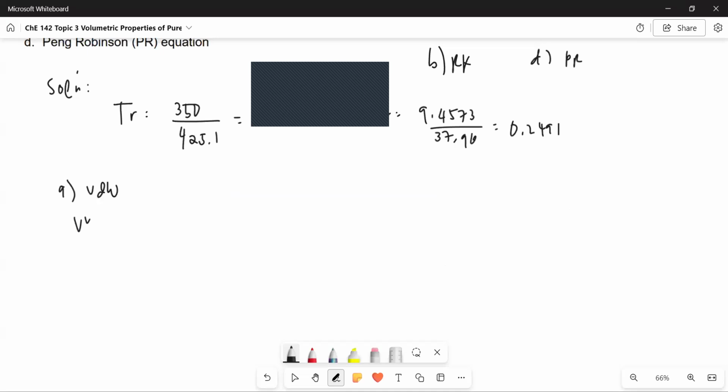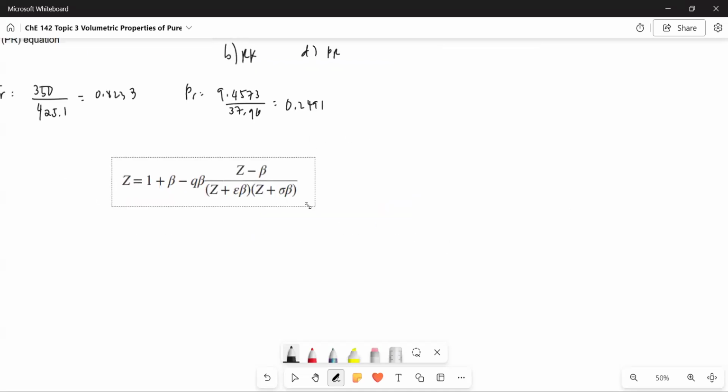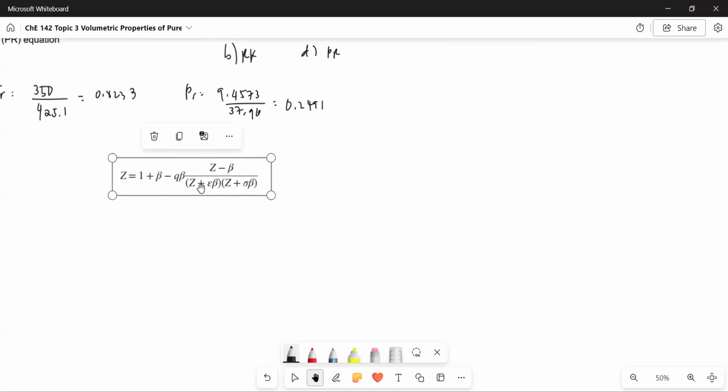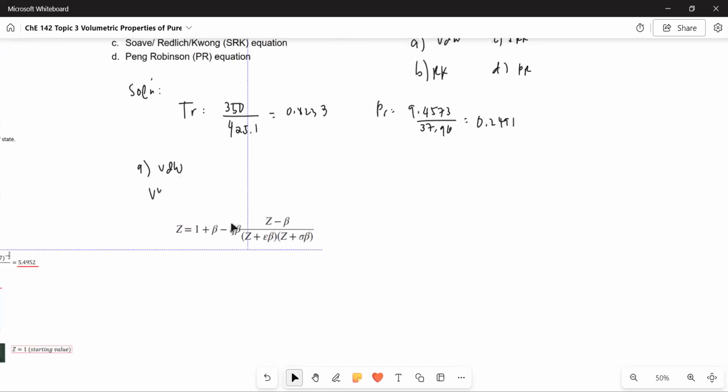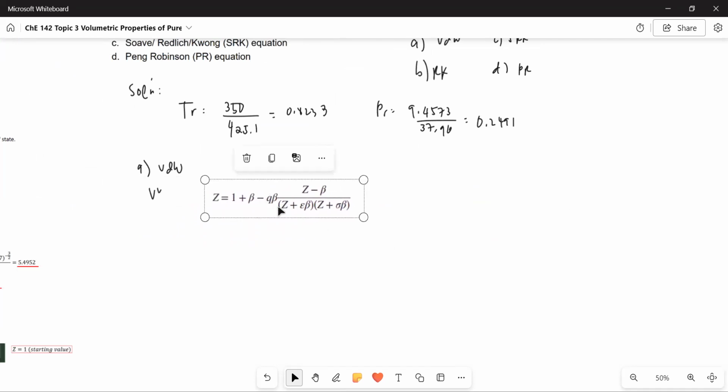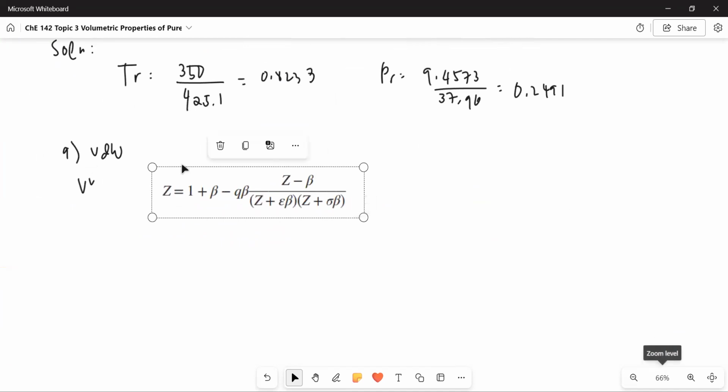Okay, let me go back. All right, so we're going to use that. And then just use ZRT over P to calculate for volume. But for liquid, I'm sorry, we're talking about vdW. Let me copy paste also the table. Hold on, please.